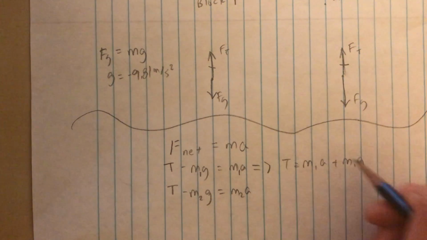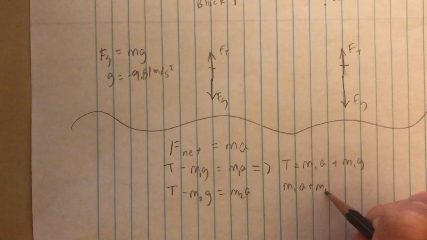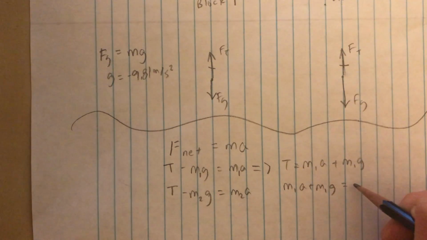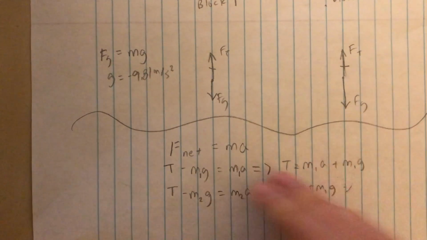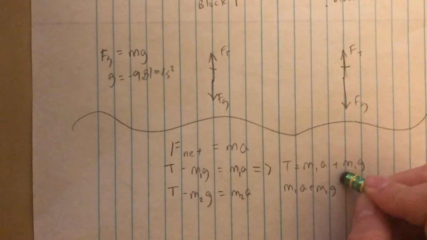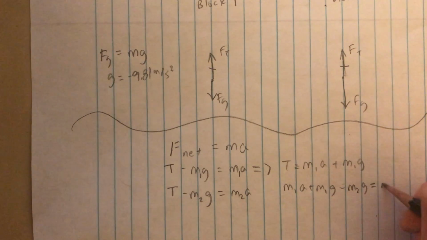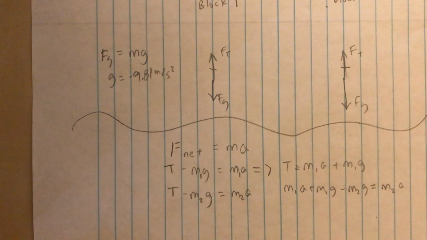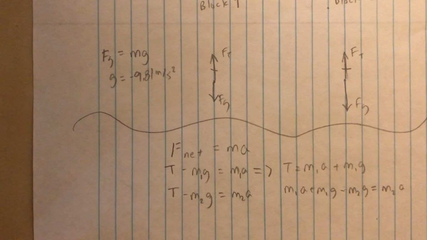This is equal to T. So we plug that into this equation, so we get m1a plus m1g equals m2g minus m2a.